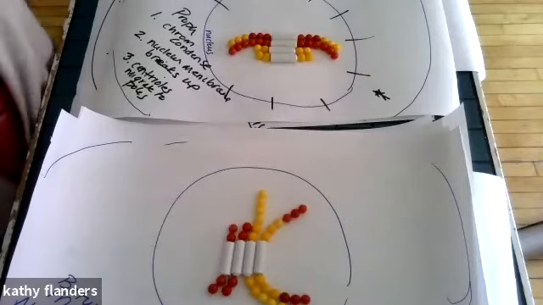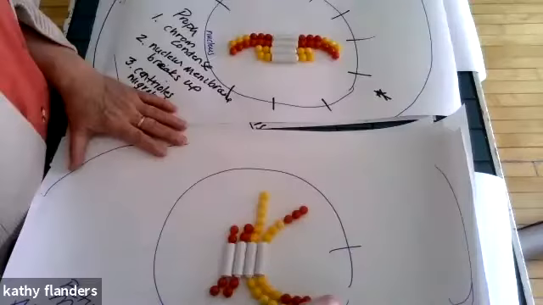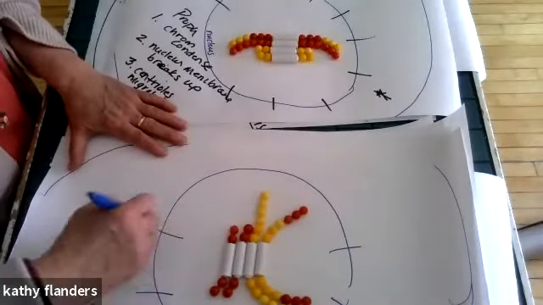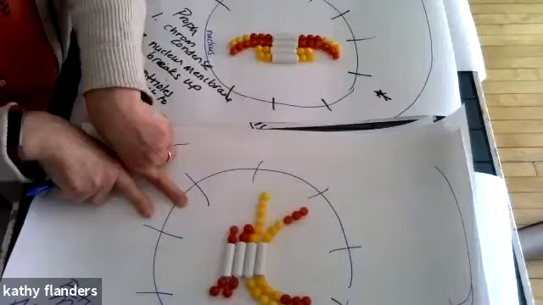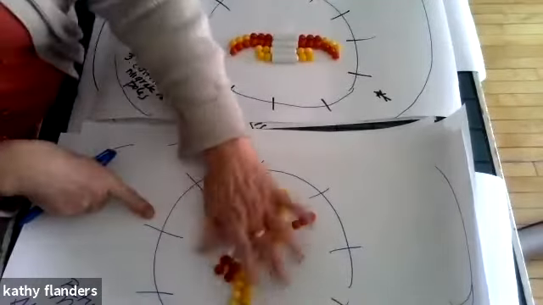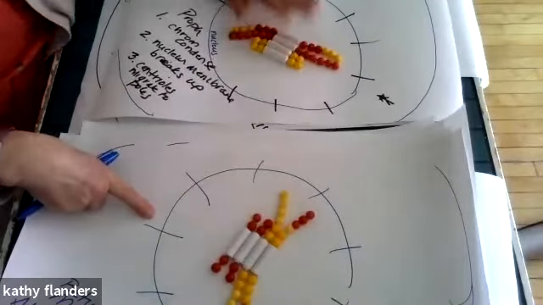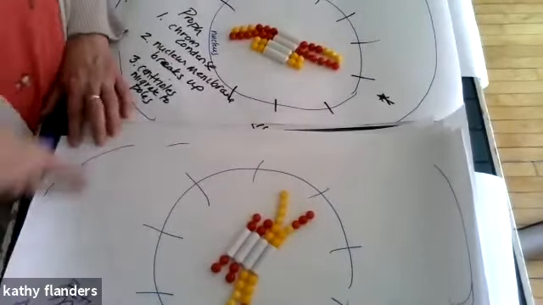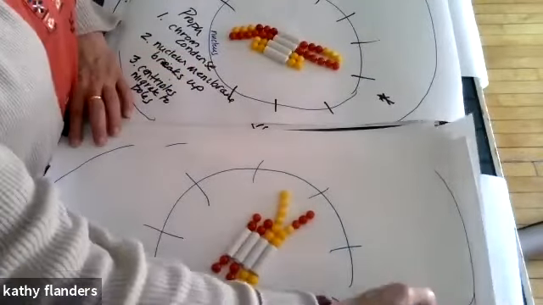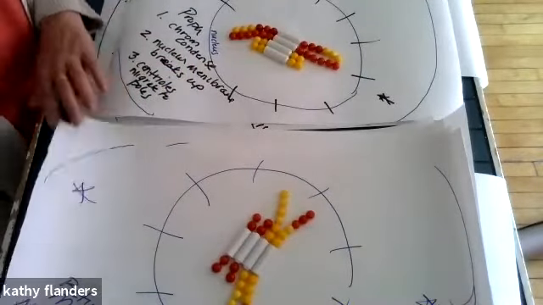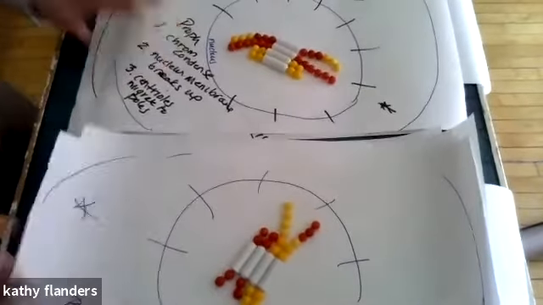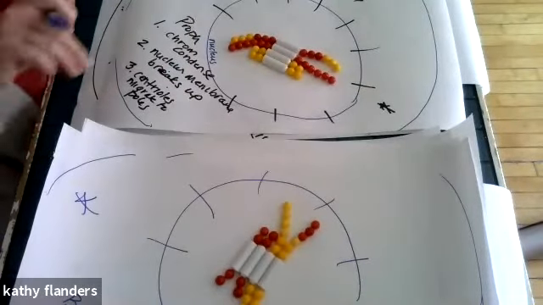The nuclear membrane starts to fragment or break up. Perfect. So between you two, we have that the nuclear membrane is breaking up, that the chromosomes have condensed, and that the centrioles are migrating. So both of our cells are doing that right now.